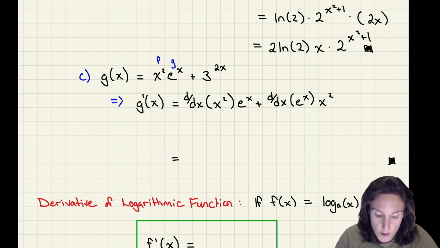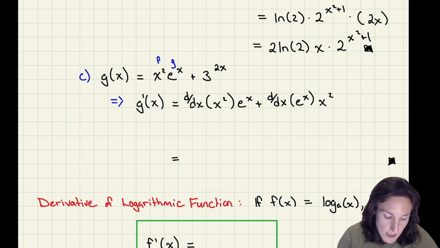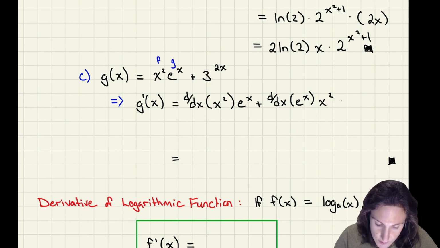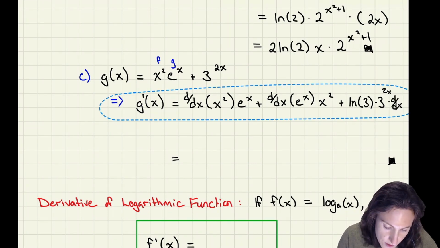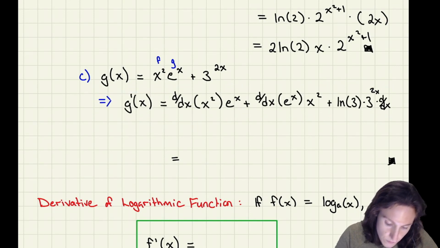And then we're also going to have d dx of this thing here. So what is that? Well, I have to go ln of the base, so ln 3, rewrite what I have, and then I have to go d dx of the thing in the exponent, which is 2x.